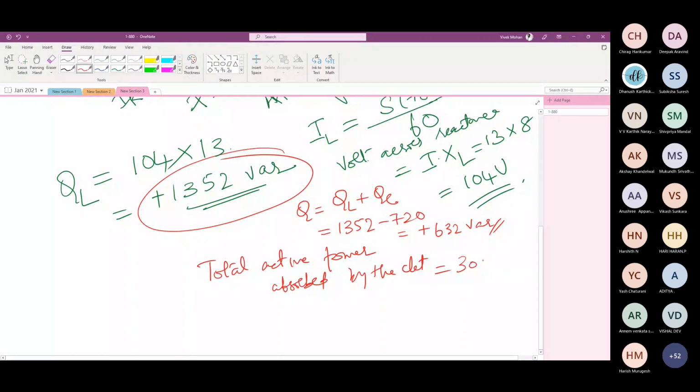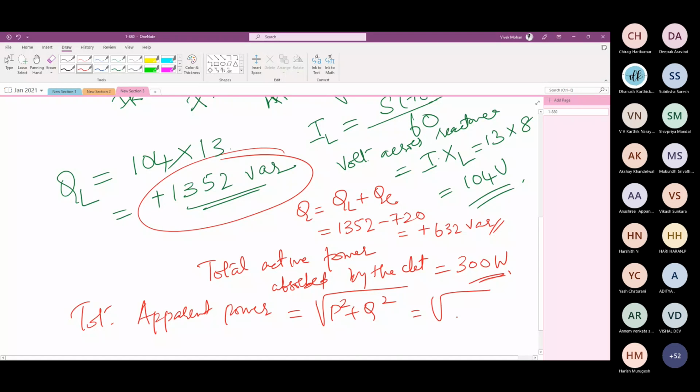So here 300 watt itself. Now I am going to find the total apparent power absorbed by the circuit, which is equal to root of P squared plus Q squared, which is equal to root of 300 squared plus 632 squared, which is equal to 700 volt amperes.